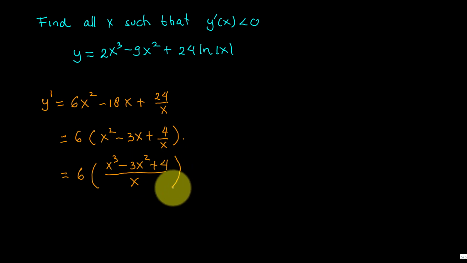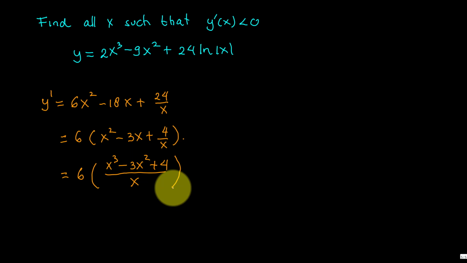Now we need to factor this x cubed minus 3x squared plus 4. Since it is a polynomial of third degree, we are not used to factoring it, but we can try plugging in several values of x, hoping to find at least one root.